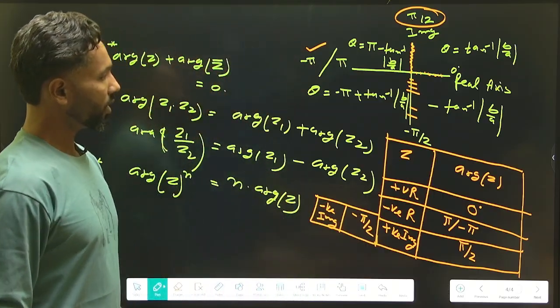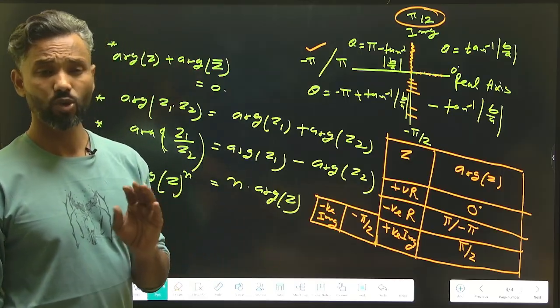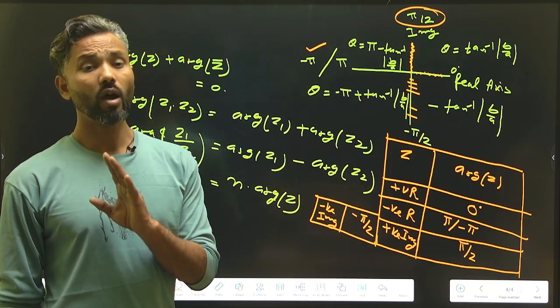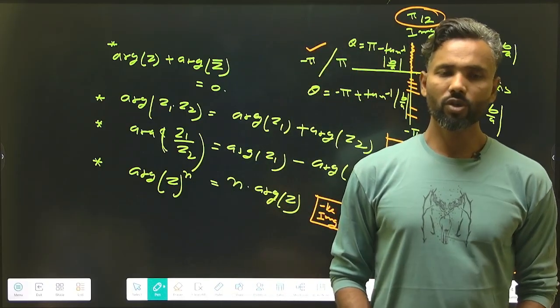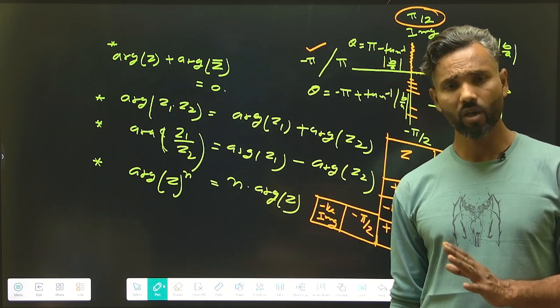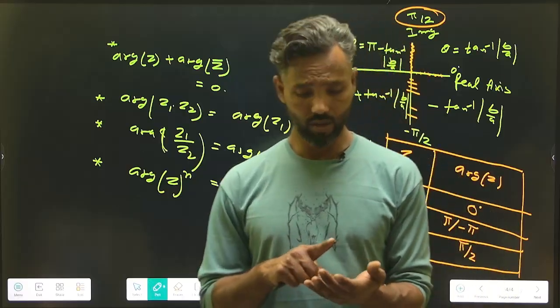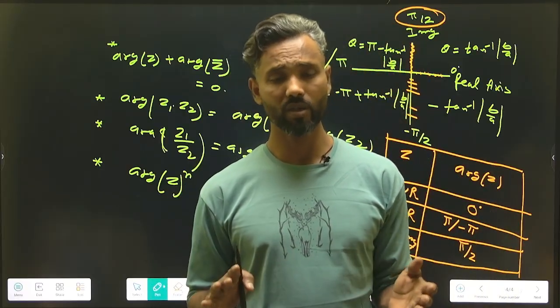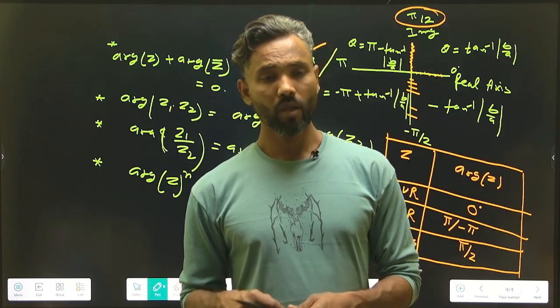And when we have the questions, we will see that these things are going to be very useful for us. Because of the shortage of time, I am going to discuss only the things related to the argument today. In the next video, we will discuss how we can calculate the square root of any given complex number, and then we will discuss unity cube roots and a few more things.